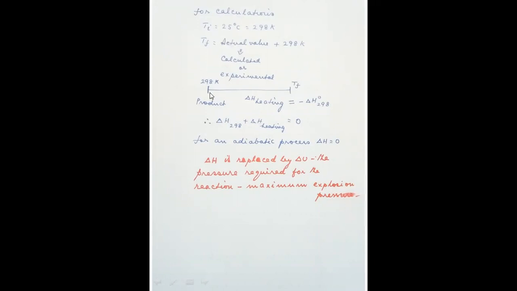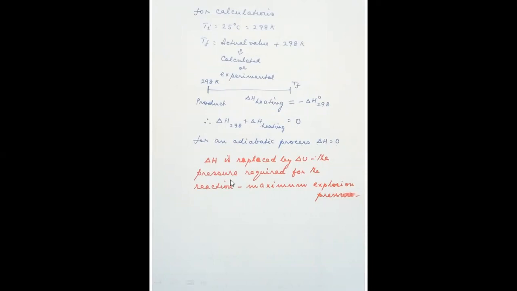See, the product at 298 Kelvin is getting raised to the final temperature, and the ΔH heating has to be added with ΔH at 298, which is already existing. So when it is added, what you are getting is 0. So for an adiabatic process, enthalpy change is 0.